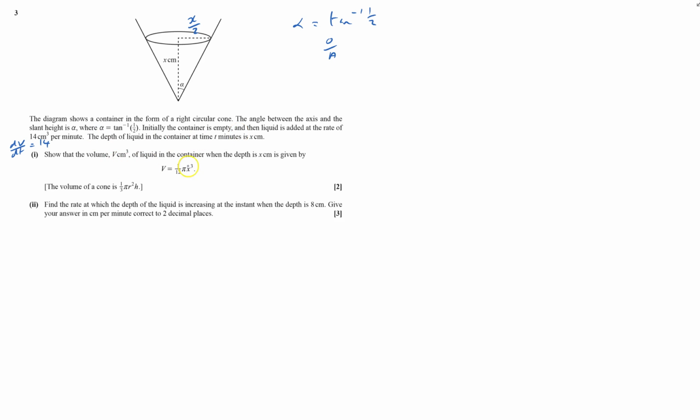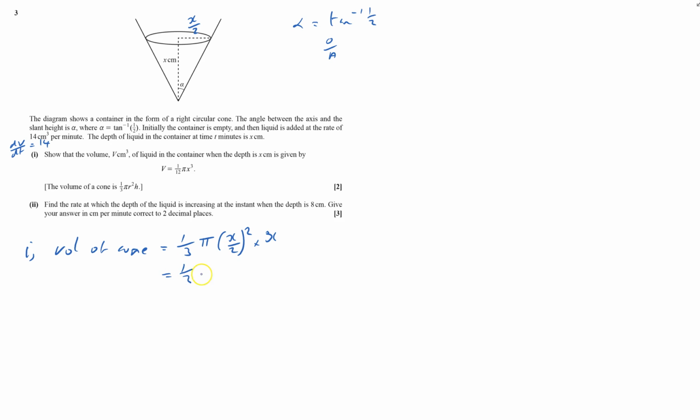Show that the volume V of the container is given by this, and it tells us the volume of a cone is a third pi r squared h. So the first part, volume of cone equals 1/3 pi times r squared, and the radius is x over 2, so x over 2 squared, times the height, which is x.